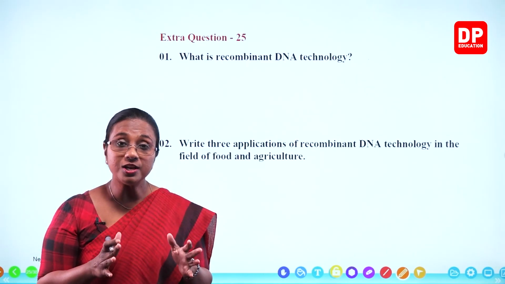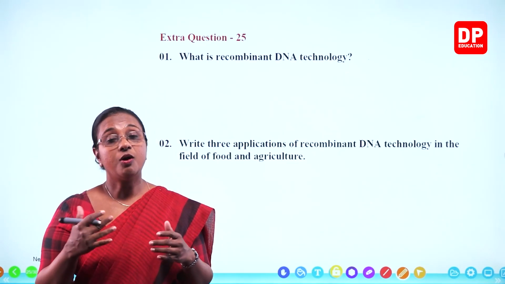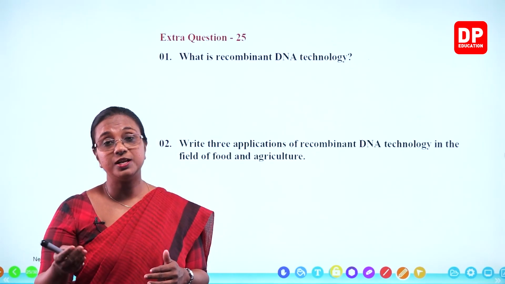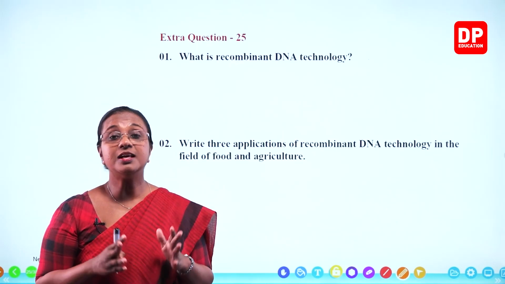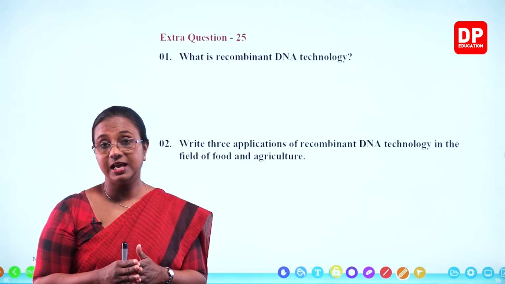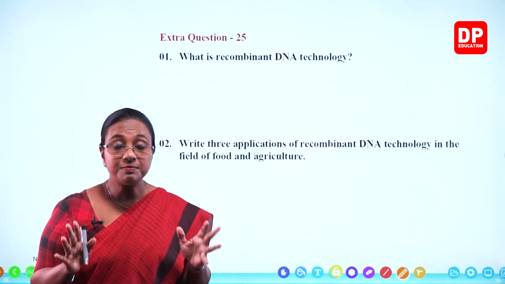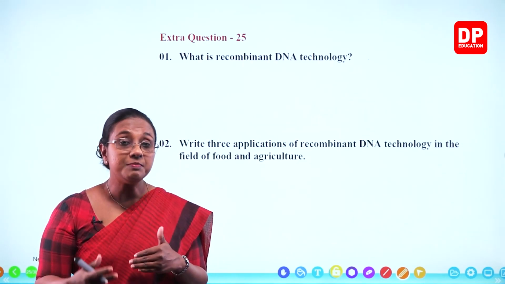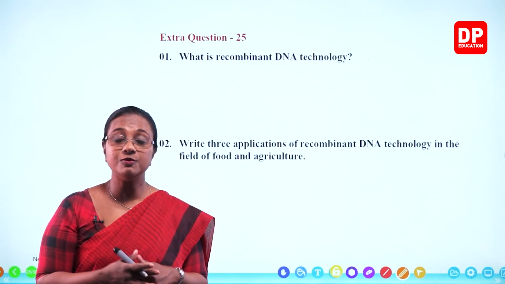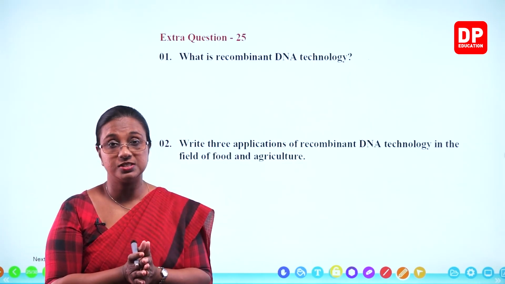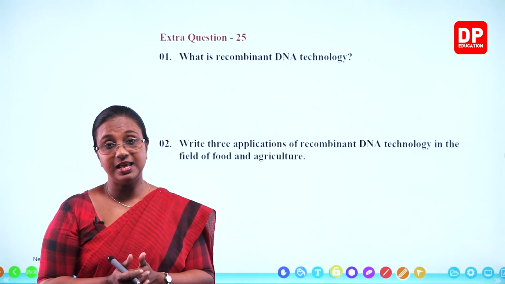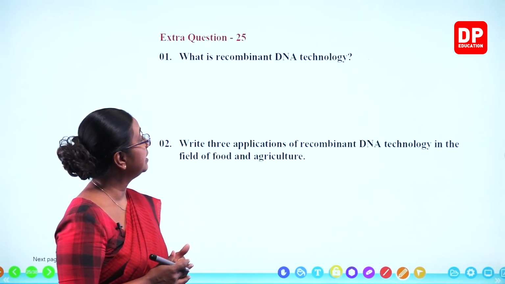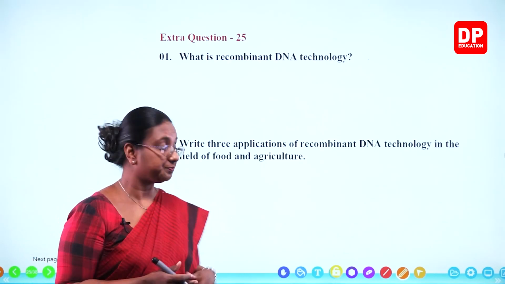So the technology used to produce a recombinant DNA is known as the recombinant DNA technology. So a recombinant DNA means combination of DNA molecules from different sources. And the technology used to make that recombinant DNA is known as recombinant DNA technology.